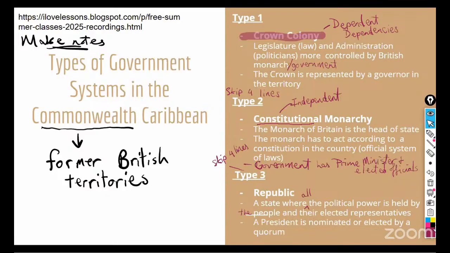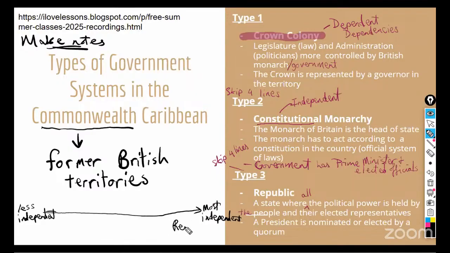You could think about this as kind of like a line. We are all generally headed in this direction, perhaps, where we have less independence. And we have the most independence we could have, right? And so republic will be over here.